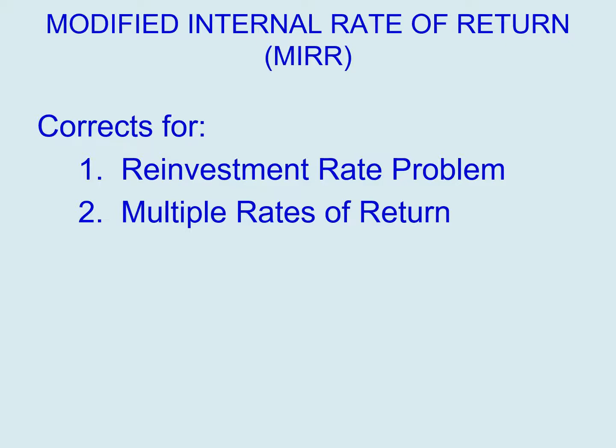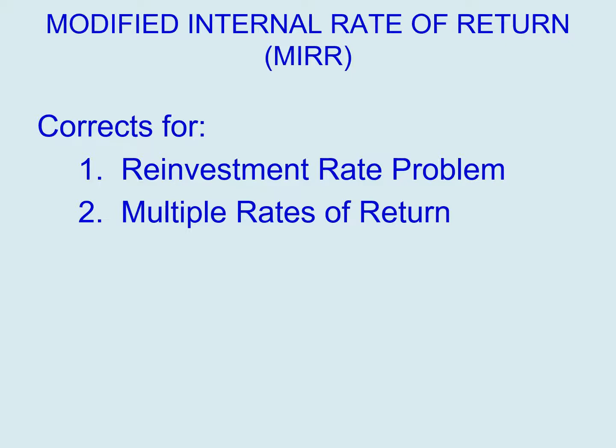Okay, the modified internal rate of return corrects for the reinvestment rate assumption, because when we modify it, and thank goodness there is an Excel function for the modified internal rate of return, it corrects for the reinvestment rate problem. We can force the reinvestment rate to be equal to whatever we want it to be, but generally we choose the cost of capital.